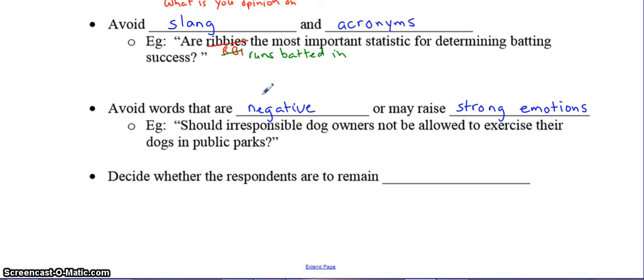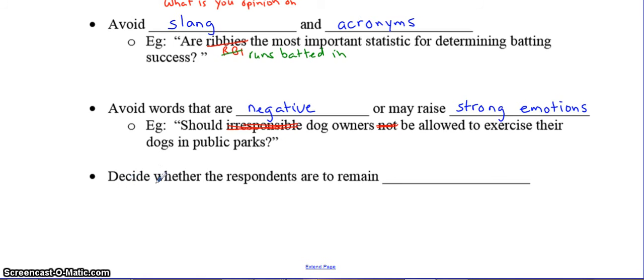So we want to take out the words that are negative and take out anything that may raise strong emotions. If you call dog owners irresponsible, that's going to raise emotions. So take out the word irresponsible. So, should dog owners be allowed to exercise their dogs in public parks?